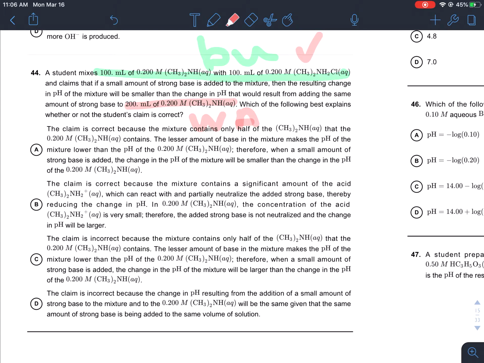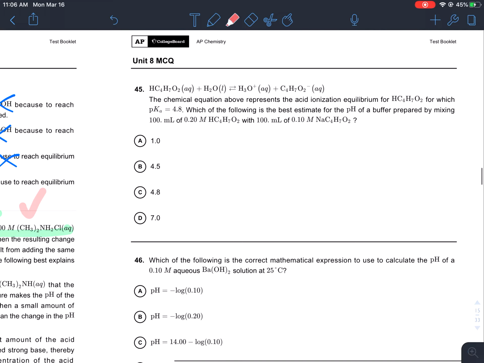In 0.2 molar weak acid, the concentration of the acid is very small, therefore the added strong base is not neutralized and the change in pH will be larger. The answer is B. That's how a buffer works, and that's just a really verbose way of saying how a buffer works.